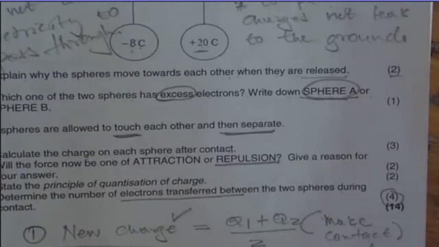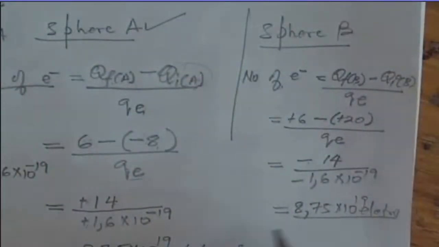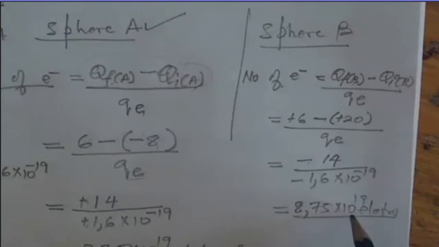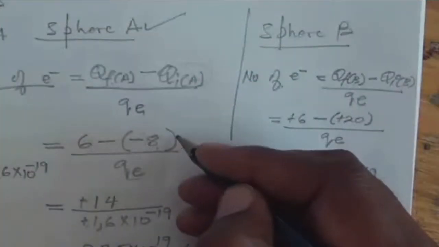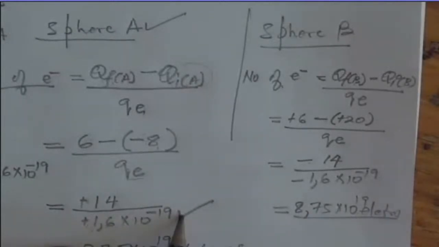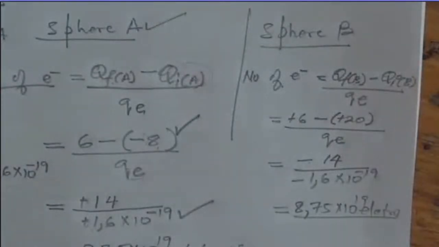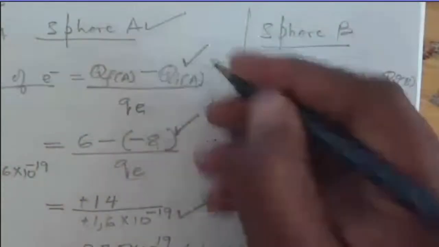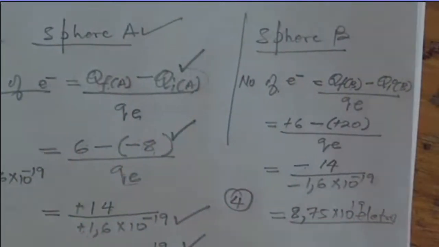The question was not specific for A or for B, but if you use A, you're going to get the same result as when you use B. By knowing that part at the top, the charge you pick up will be positive 1,6. That is a mark for doing that, a mark for substituting, and also the formula and the final answer. That is why they awarded this question 4 marks.